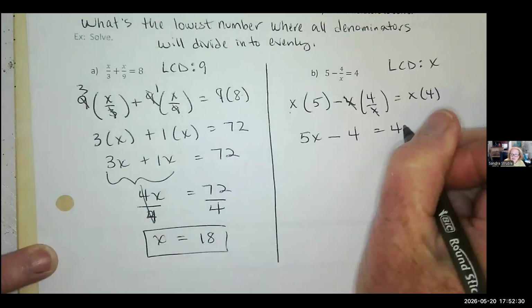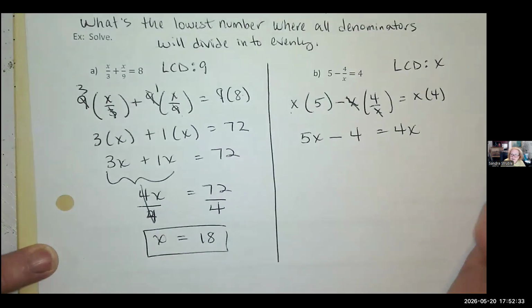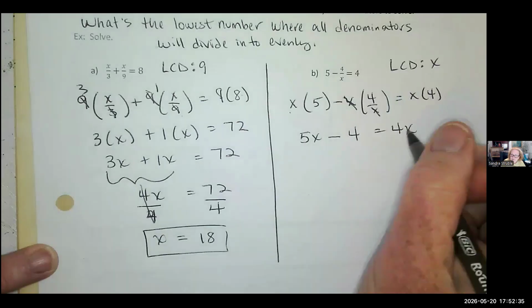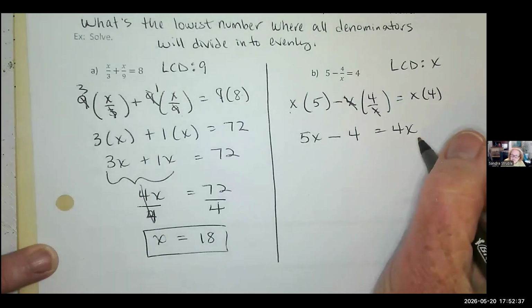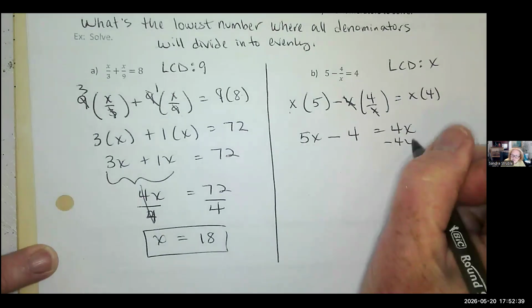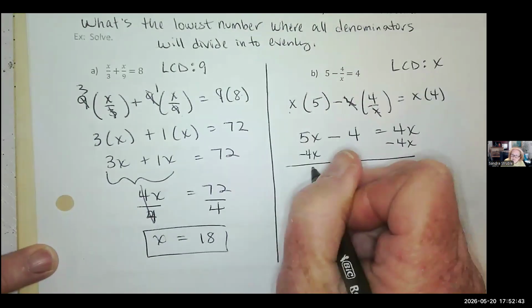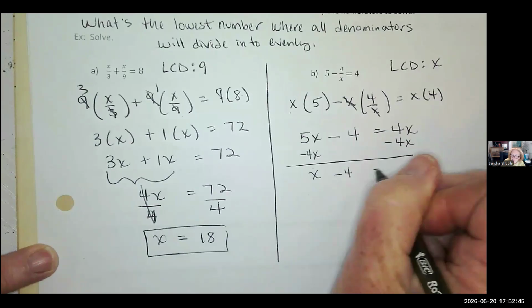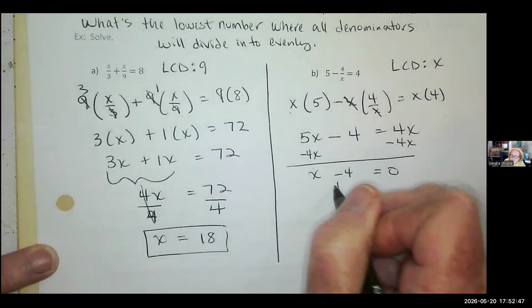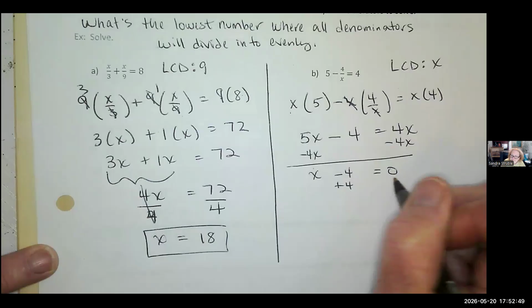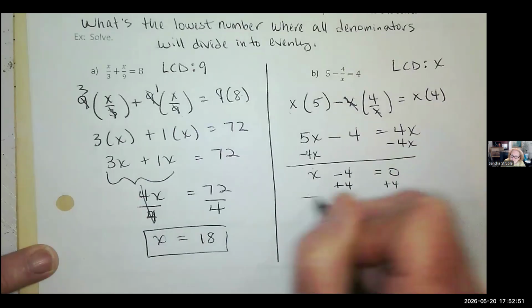All right. I need to get my x's on one side, my constant on the other. So I'm going to subtract 4x from both sides. Leaves me with just an x. And then I'm going to add 4 to both sides to solve for x. There you go.